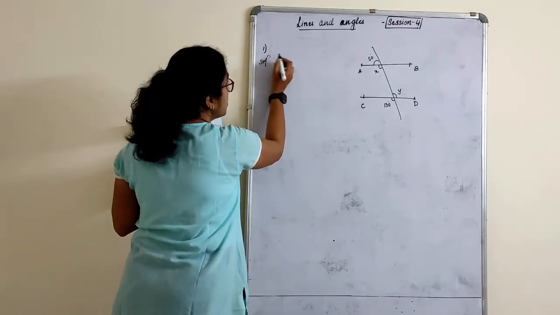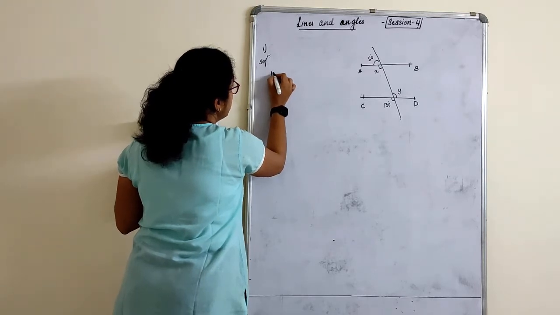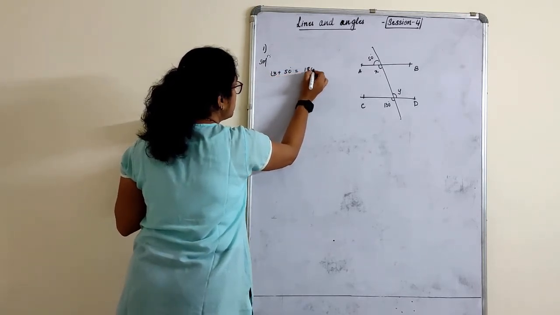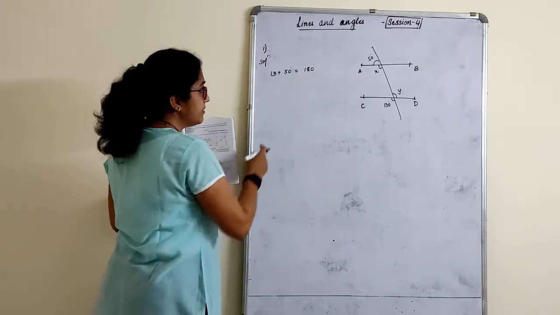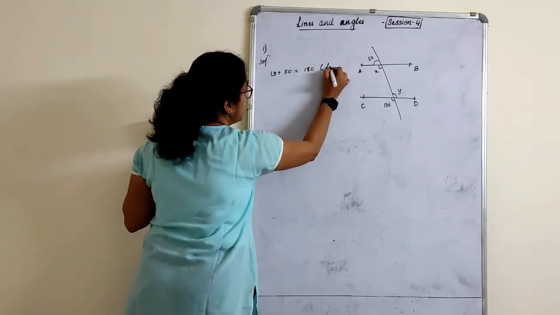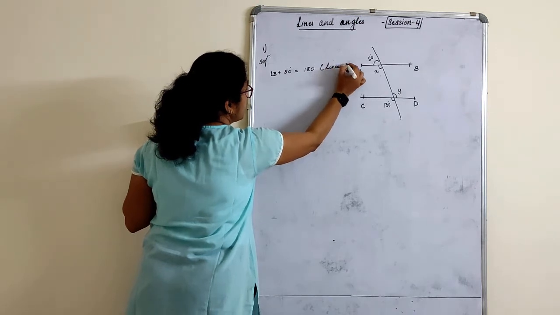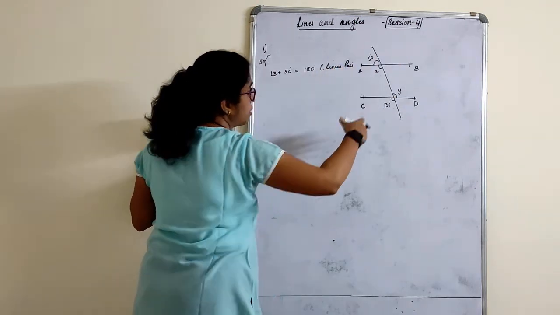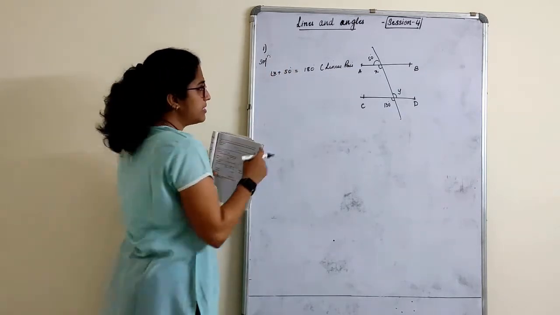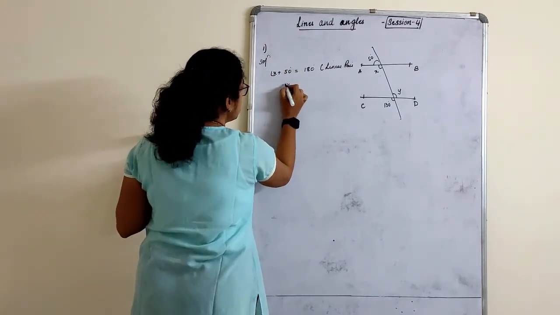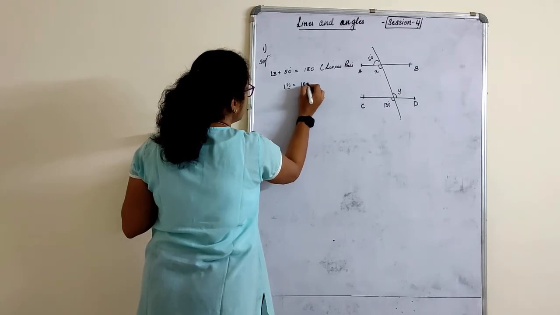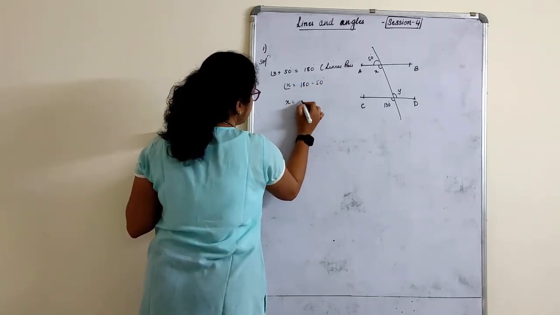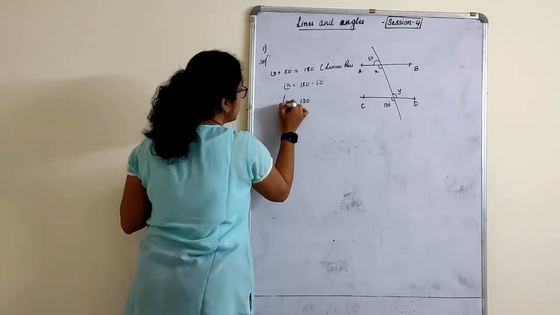So quickly we'll start with the given sum. Solution. Can I tell angle x plus 50 degree is equal to 180 directly? Yes. Reason? Linear pair. You can also name this as P and Q, and if you want angles you can name them. So x is equal to 180 minus 50, therefore x is equal to 130 degree.